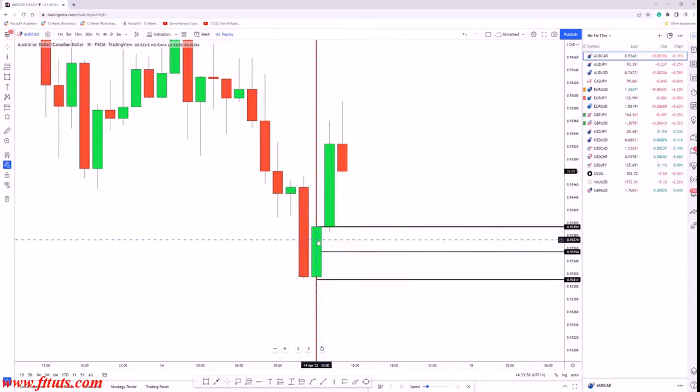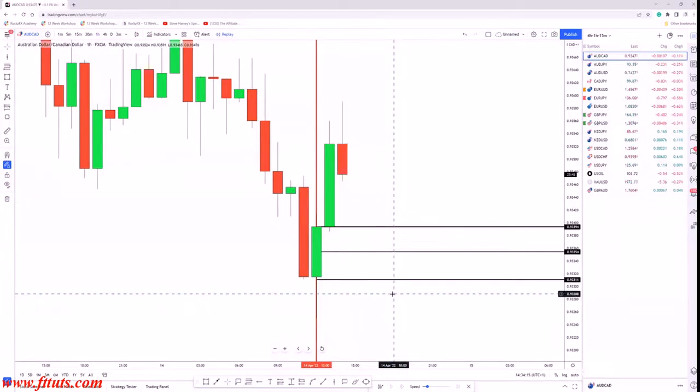Any candle that goes green on the left means that currency is strong. Any candle that goes red means that currency is weak. Okay, I understand now. Thank you, Rob. So we're looking at this.